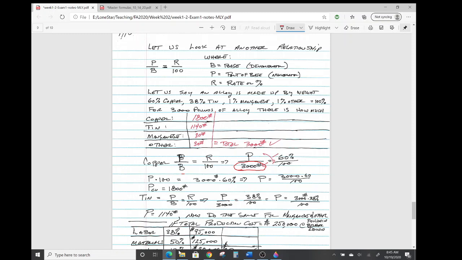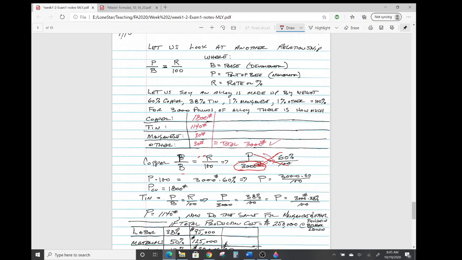You do your cross multiplying, right? You do your cross multiplying, and what happens? 60 times 3,000, so that's 60% times 3,000. P times 100 over here, so that's P times 100 equals 3,000 times 60%. And what are we going to do?